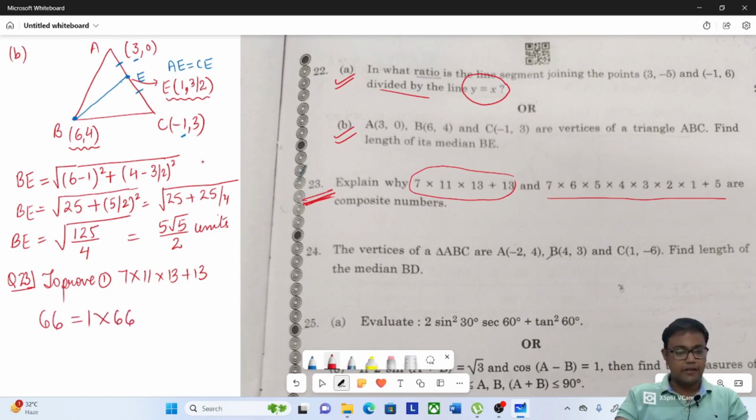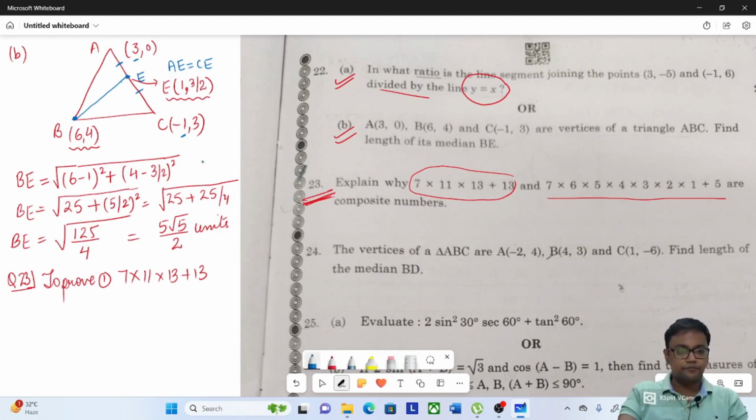Like we write a prime number as 1 into itself, but I have other means to write 66. So I have different ways to write 66 in the form of the product of two numbers except one and itself. We need to follow the same methodology to do this question.